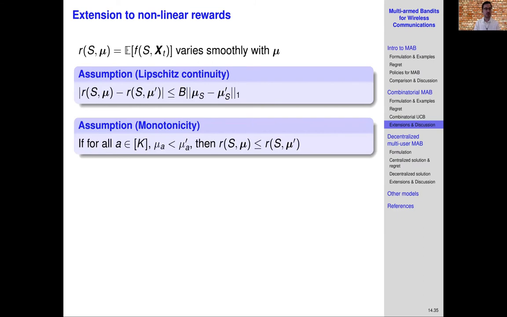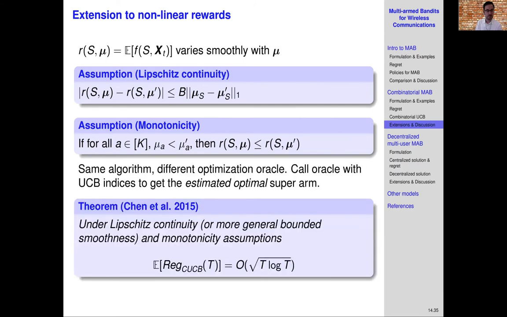There is another assumption that is usually made to analyze the regret in this problem. It is the monotonicity assumption, which basically tells that the expected rewards of the superarms are monotone in the expected base arm outcomes. With these assumptions, we can use the same algorithm, CUCB, but with different optimization oracles.